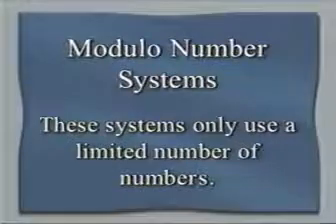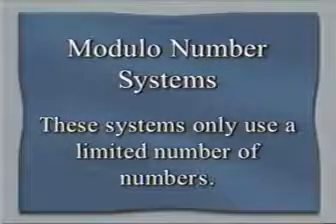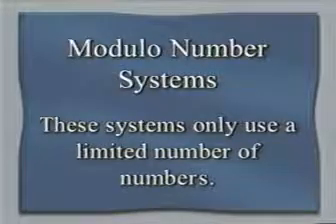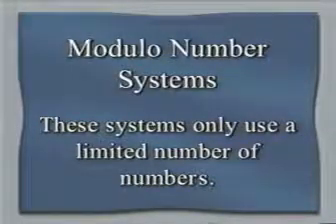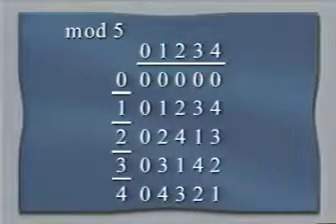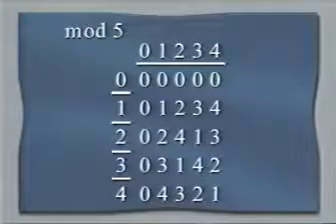The modulo systems are interesting because the modulo systems only use a limited number of numbers, not just digits. So, for example, a modulo 5 system would use 5 numbers, 0, 1, 2, 3, and 4. And a modulo number system is sometimes called a clock system, because in a clock, the clock goes around, and when you get to 12 o'clock, you start all over again.